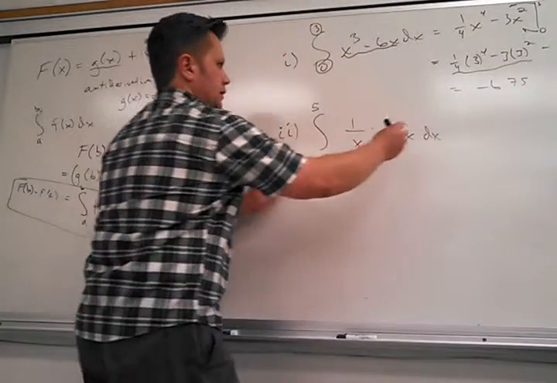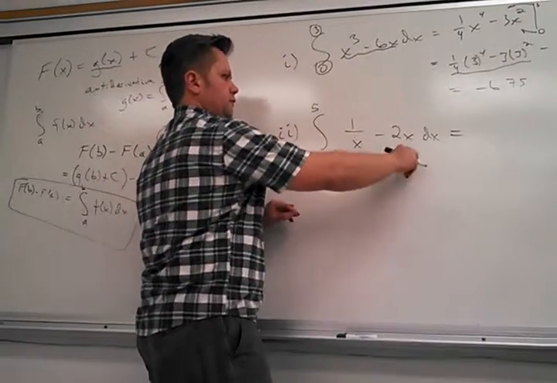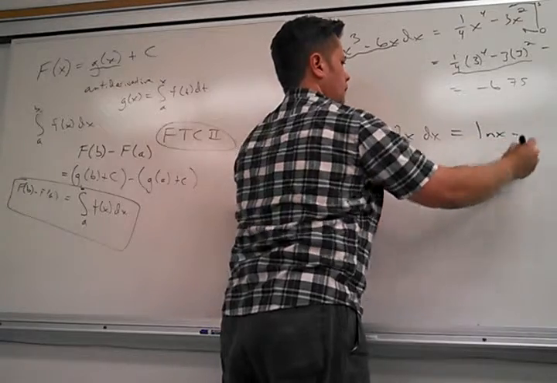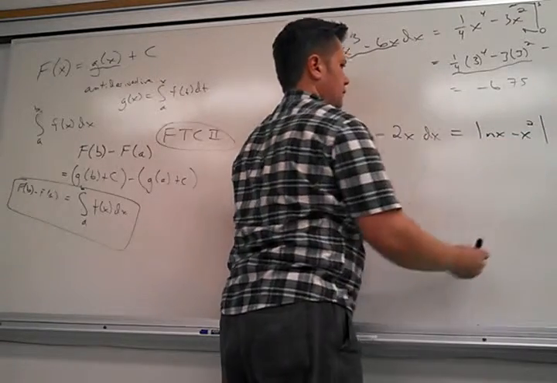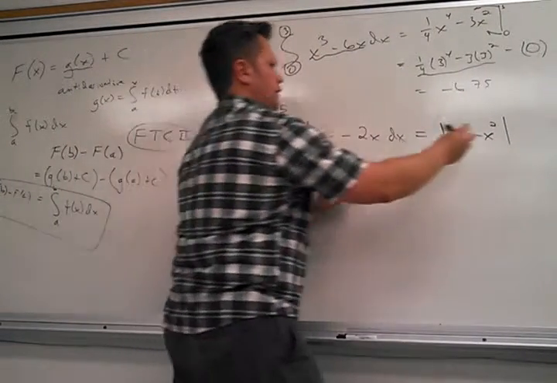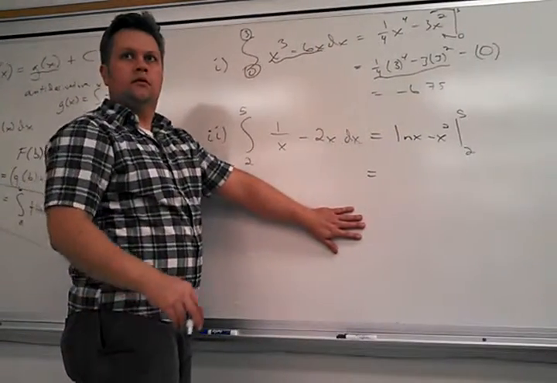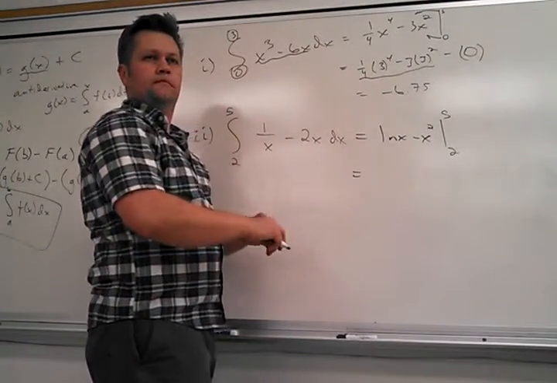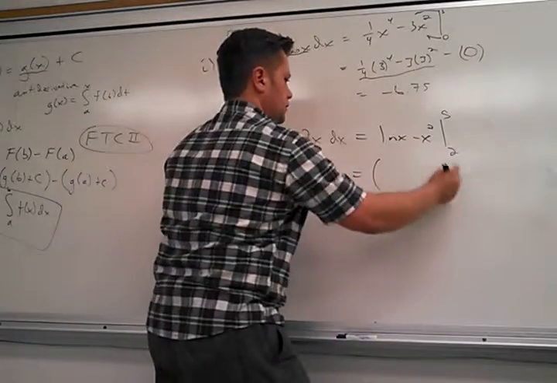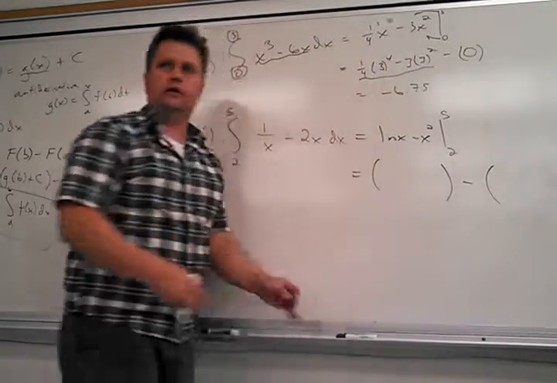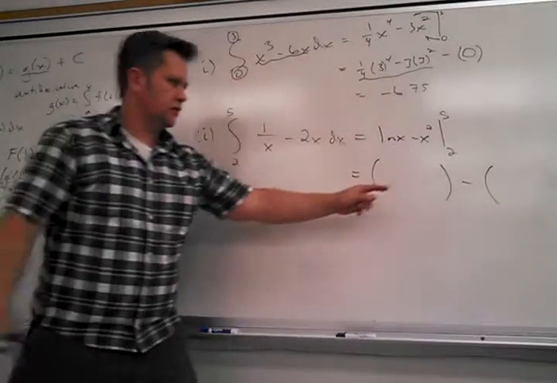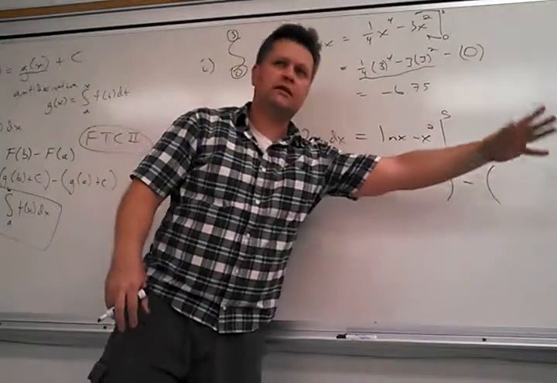So how are you guys doing here? What's the antiderivative? From 2 to 5. This, of course, is where you just fill it in. The biggest mistake I see is people, for some reason, forget that it's got to distribute.